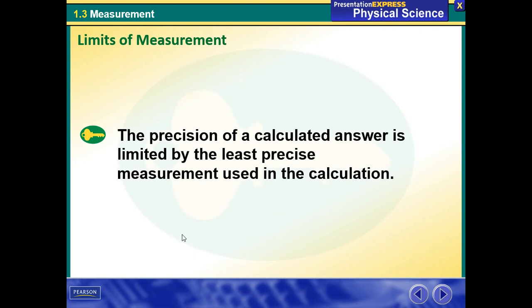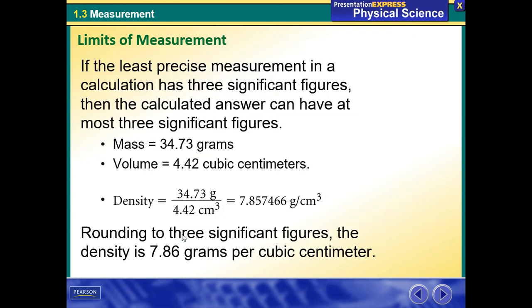One thing to note is the precision of your answer is limited by your least precise measurement. So a good example of this is when we are looking at this density problem. If the least precise measurement in a calculation has 3 sig figs, then your answer can only have 3 sig figs. So if I said calculate the density, remember density equals mass divided by volume.